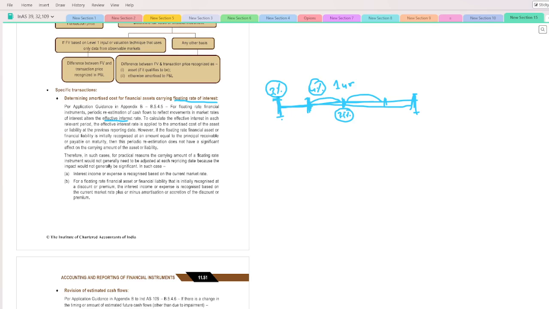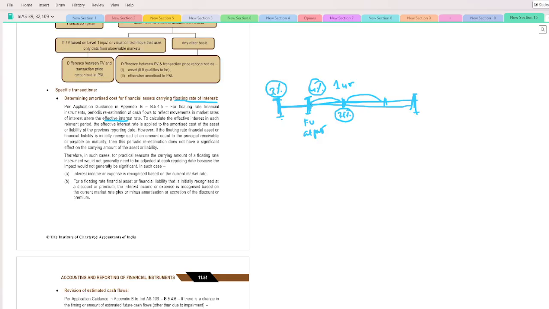Like 3%, whenever you are resetting, this is called your resetting here. Every time, at every quarter when you are resetting your interest rate, your fair value becomes par. Why?